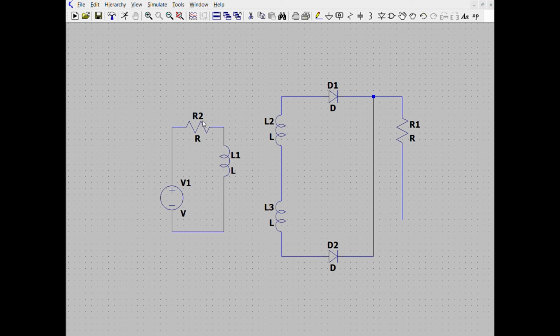Go to the sine and put 0, 240 VAC and 50 Hertz.